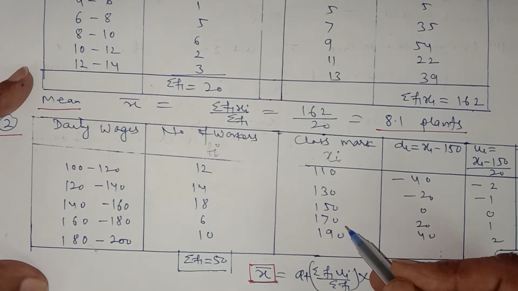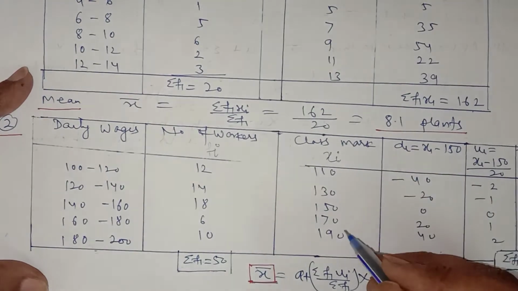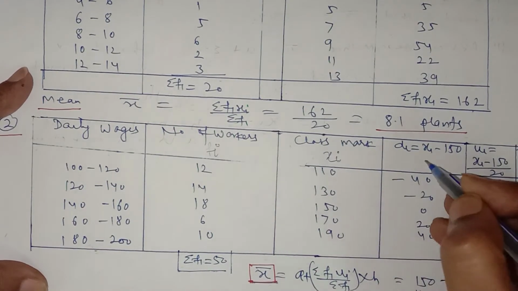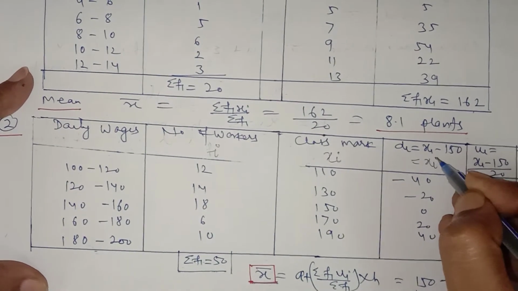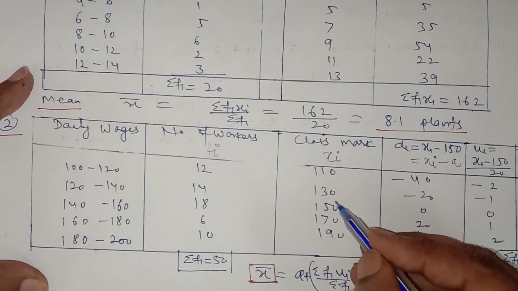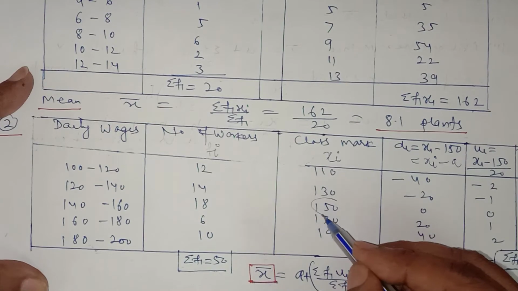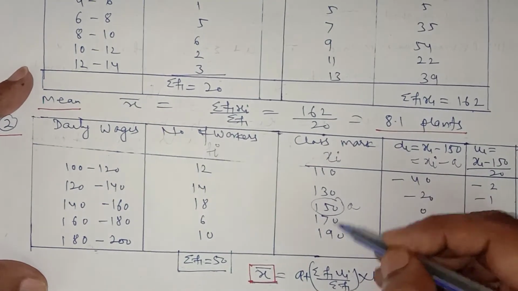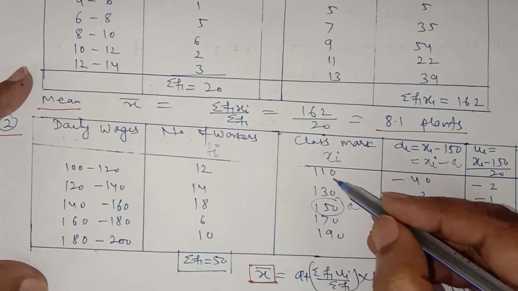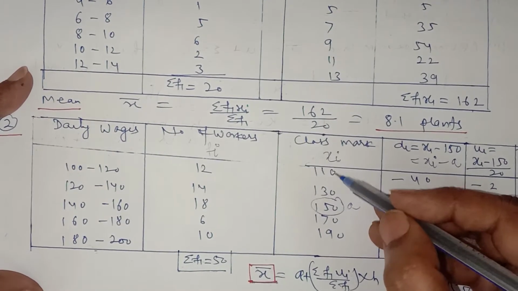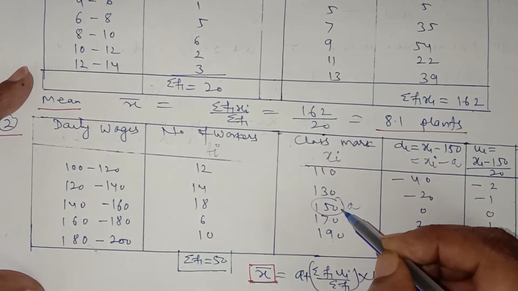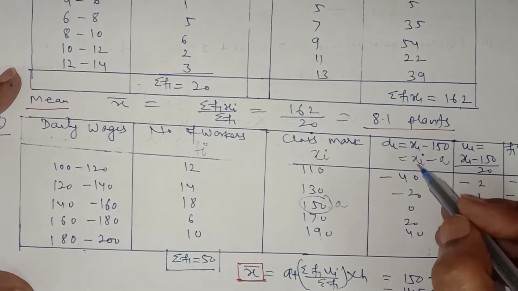So you have to assume the mean from the given class marks, that is, you have to assume a. Here di is xi minus a, and we have assumed a as 150. You take almost the middle value of the class marks. Here we have 5 data, so you can take exactly the middle as the assumed mean. So di is equal to xi minus a.